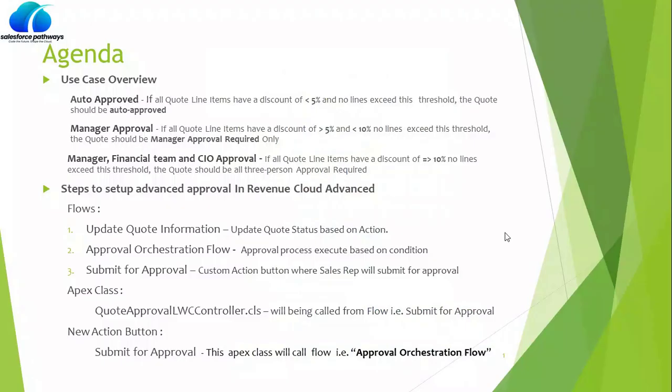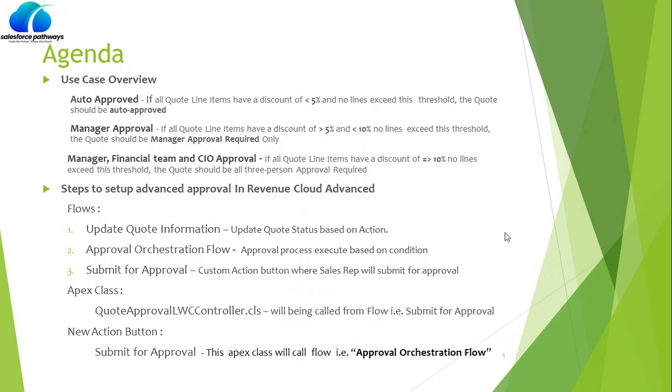So these are the use cases I will show you, and the steps involved while setting up the advanced approval in Revenue Cloud Advanced. One flow you require updates the quote status based on the action, like approved, rejected, submitted.